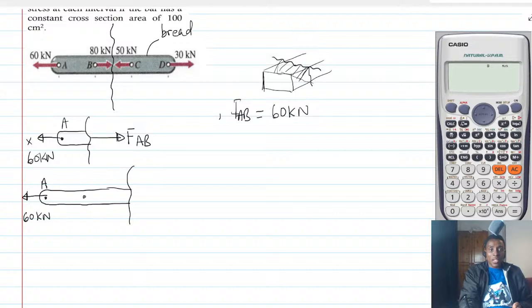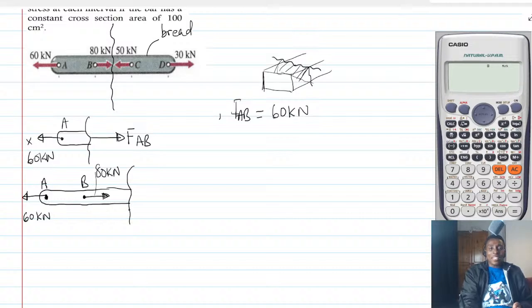And then portion B is here. And the force acting at B is what? 80 kilonewton.